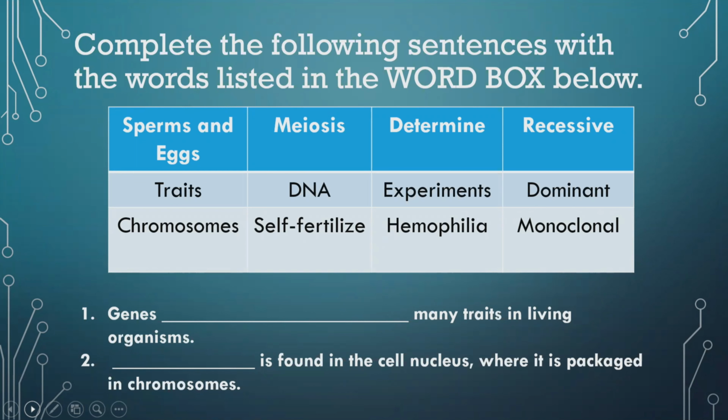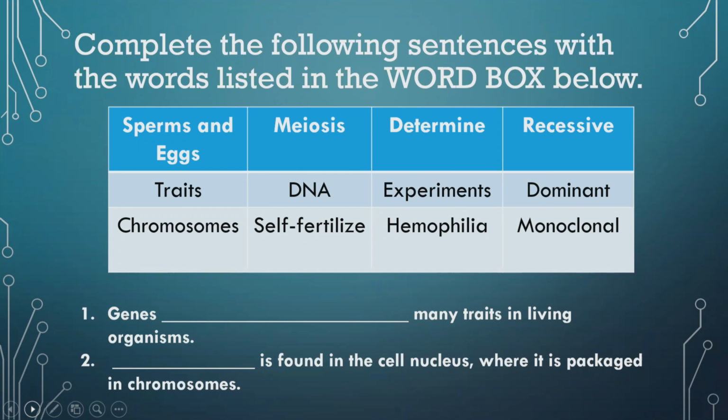Sperms and eggs, meiosis, determine, recessive, traits, DNA, experiments, dominant, chromosomes, self-fertilize, hemophilia, monoclonal. Number one, genes determine many traits in living organisms.